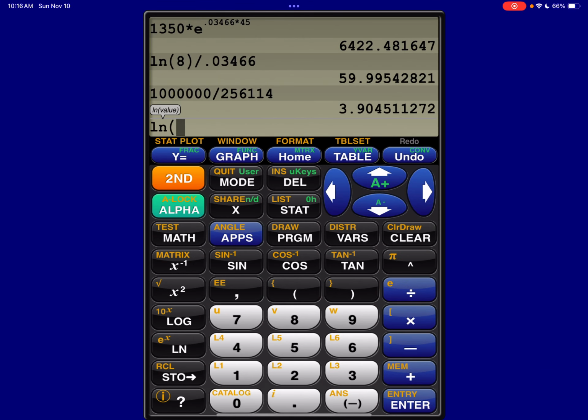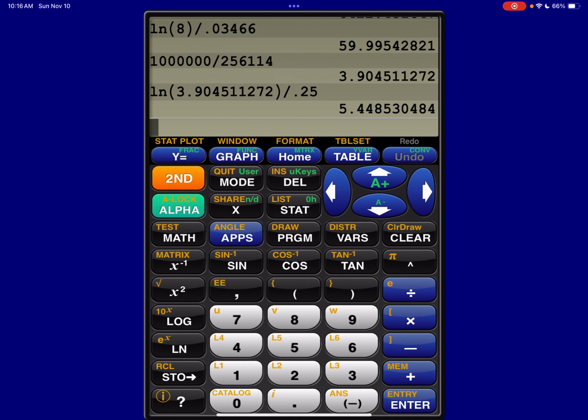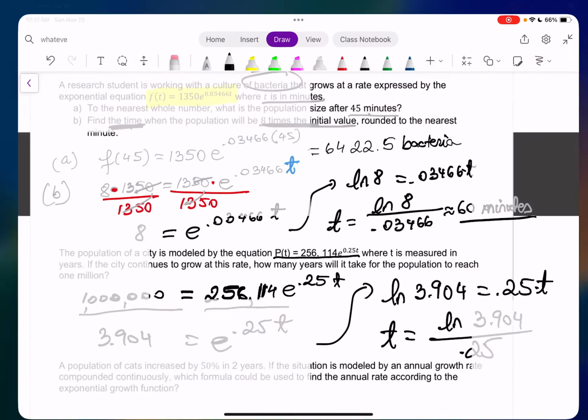So natural log of, I'm going to copy a little bit more since I am back on my calculator with all these numbers in front of me, divided by 0.25. So about 5.5 years, 5.45 years, let's just say.